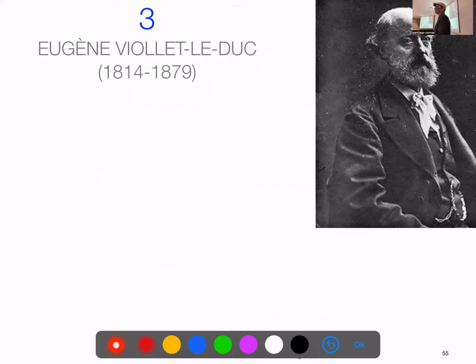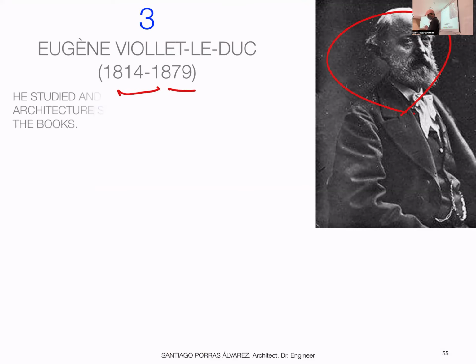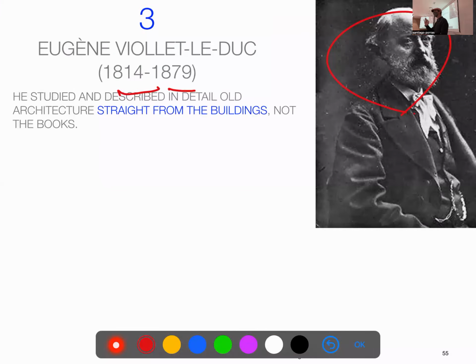So let's go to the pre-modern period. Viollet-le-Duc, 1814 to 1879. Quite a scary guy, hardworking and really intelligent. He did a lot of work analyzing all the historical buildings in France. He was really in love with Gothic architecture. After all the years in which people concentrated on Roman, Greek and Palladian architecture, he saw that Gothic was much more scientific and rational, and he really tried to understand it.